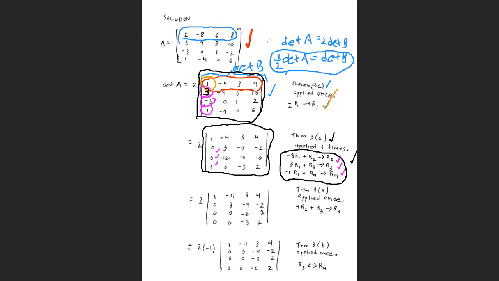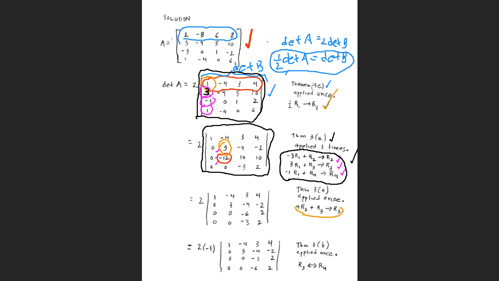Let's continue. So now, obviously, we want to get a 0 where the -12 is. So I'm going to take that pivot of 3, that second row, and multiply it by 4 and add it to the third row. Again, the determinant is unchanged.